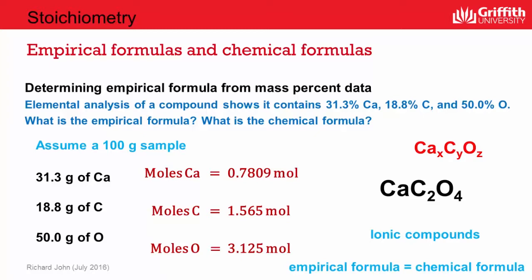So by working out the percentage mass of each element in a compound and using our molar mass equations and assuming a sample of 100 grams, we've been able to work out both the empirical formula and the chemical formula for this ionic compound. In a subsequent video, we'll deal with a molecular compound where we'll see that the empirical formula and the chemical formula are not the same.